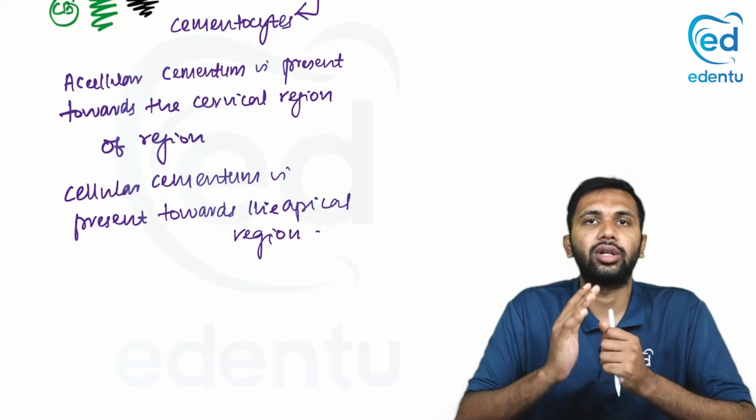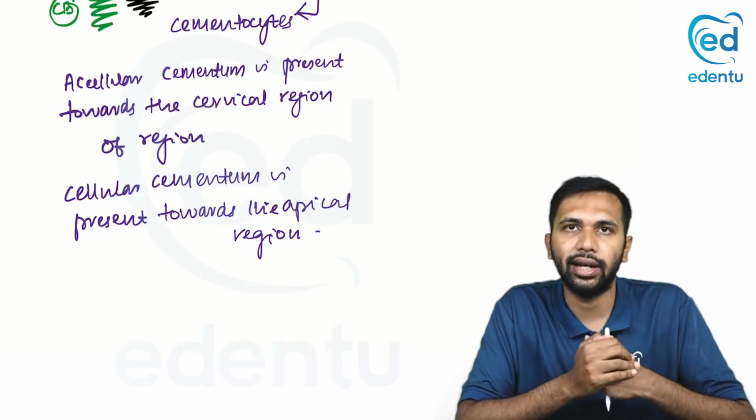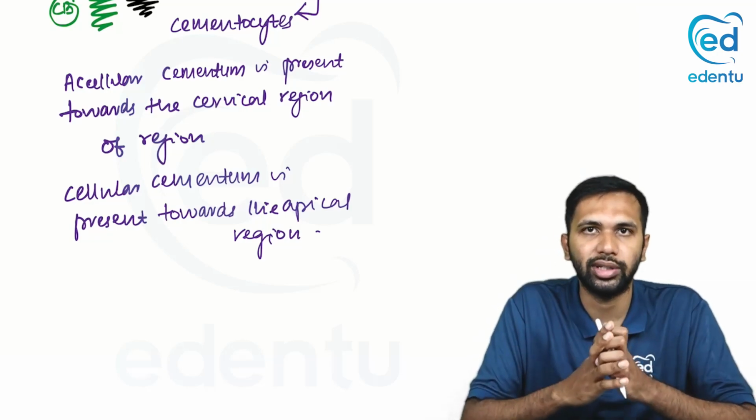Towards the top half or coronal half you have acellular cementum, and towards the bottom or apical half you have cellular cementum. This was the first type of classification of cementum.